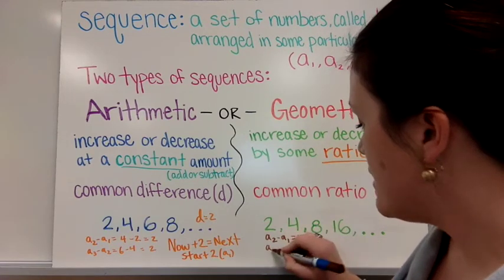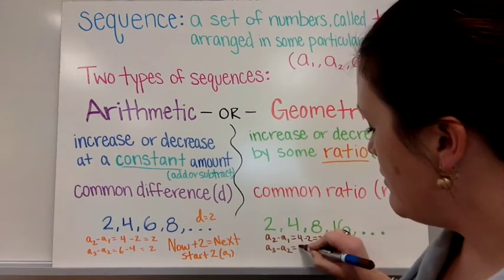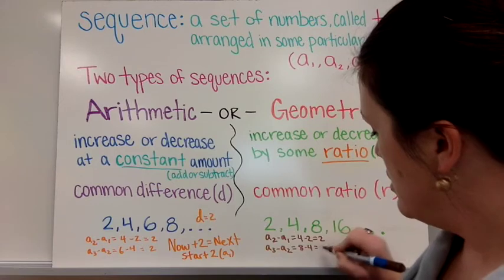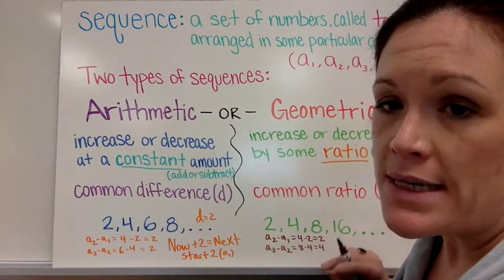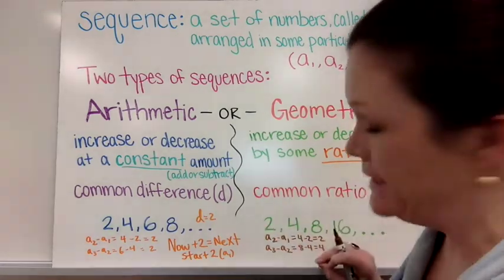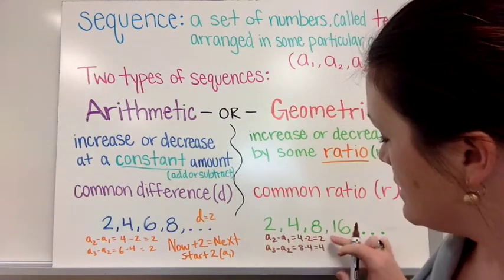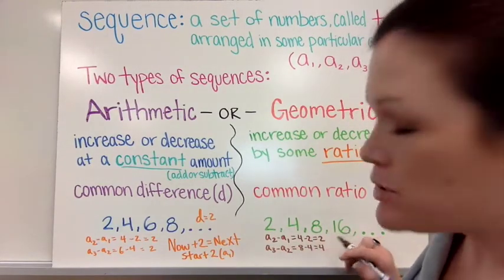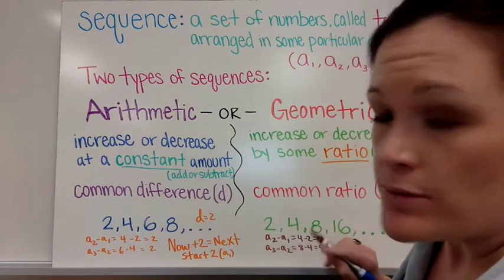And then a sub 3 minus a sub 2 would be 8 minus 4, which would be 4. But notice those don't have a common difference. So that's what makes this one geometric, or neither but not arithmetic. So we can rule out the fact that that would be arithmetic when it does not have the same common difference between the second and first term and the third and second term.